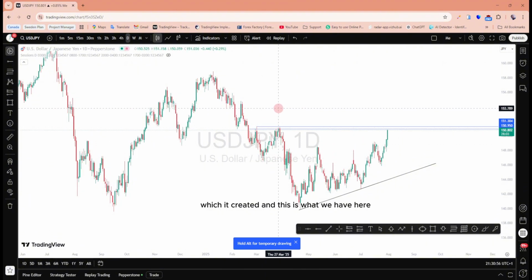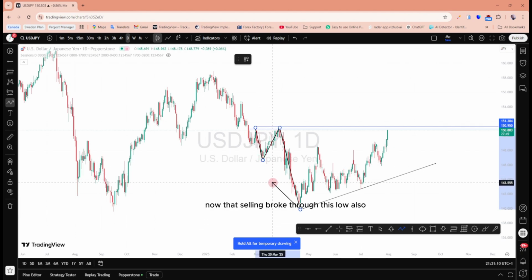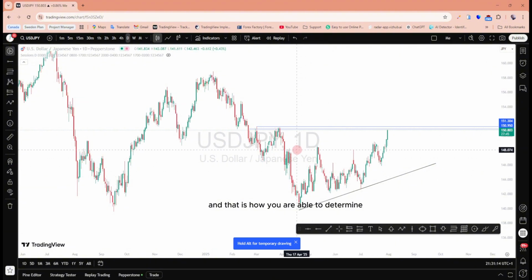So you have this which broke through this low to this point, came back and sold. Now that selling broke through this low also, which it created. That is how you are able to determine if the structure you are marking out is strong or not. Right now we've marked out that structure.